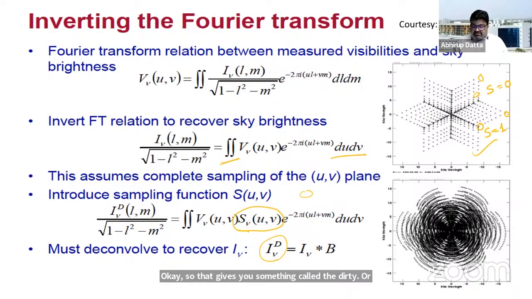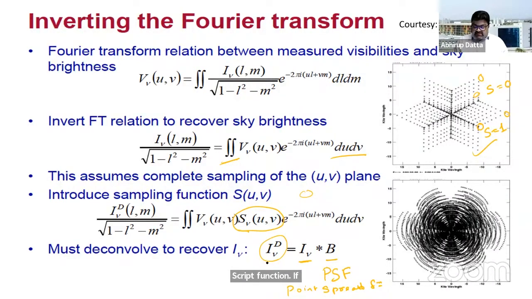And so it's linked in terms of a convolution. So the original sky convolved with something called a PSF or point spread function. It's called point spread function.